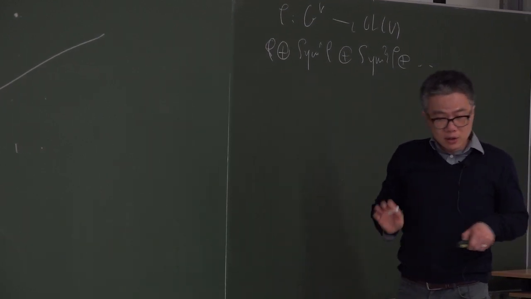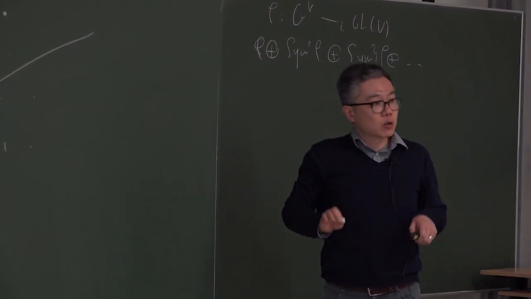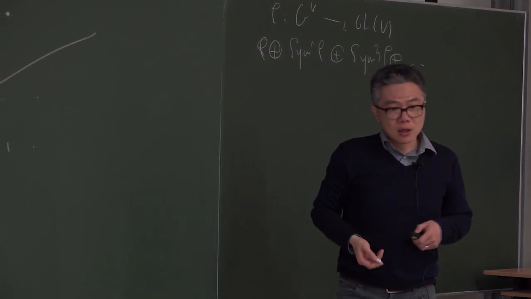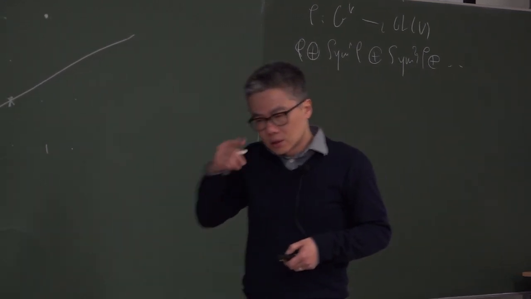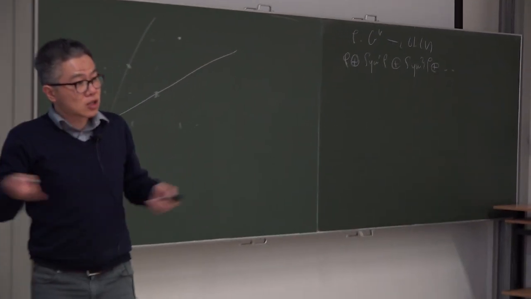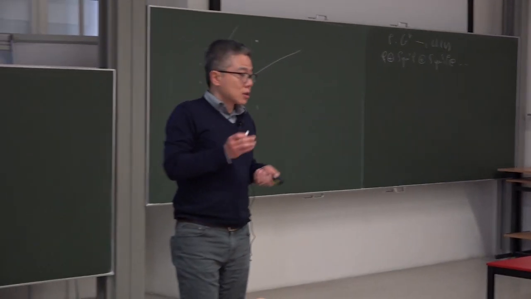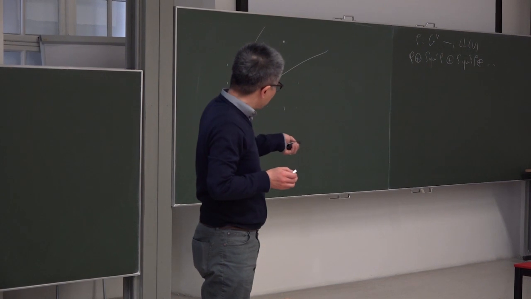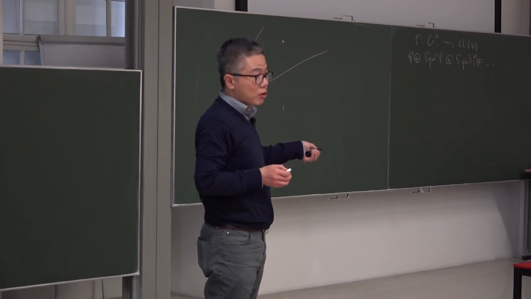From the combinatorial point of view, it's absolutely atrocious. You take Sym of Sym many times, and take the direct sum over n. So it's really not understood from the combinatorial point of view.